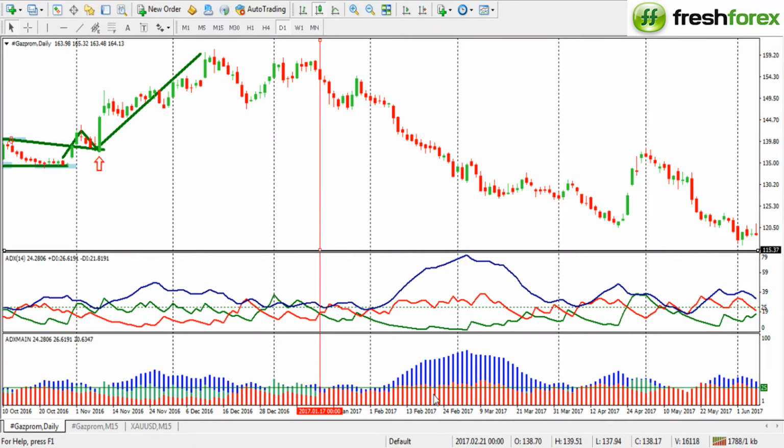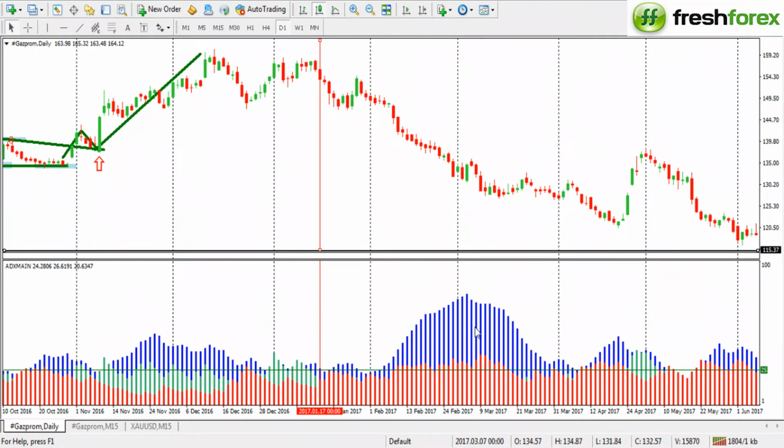So anytime you realize that the blue line is above 25, and while it's above 25, the next color you're seeing is red, then that means the trend is downwards. It's the exact same thing which you are seeing here, plotted as a histogram. This one just gives us a visual impression. Somebody may not understand whatever is happening here, but this one gives you another view of the same thing. This is important.